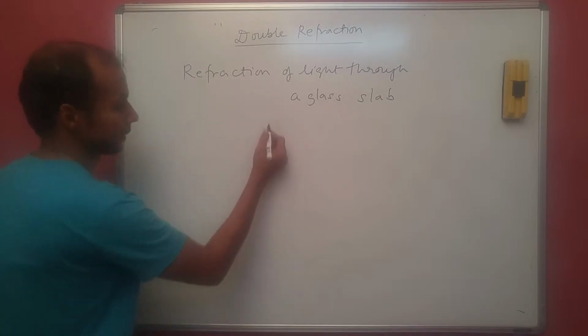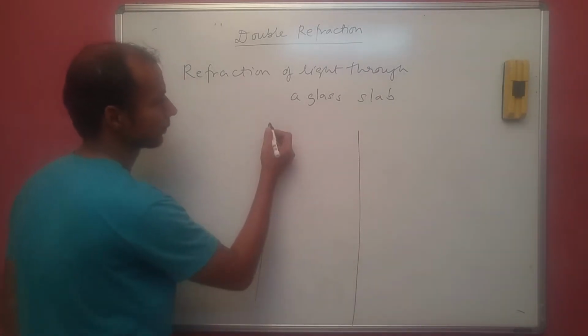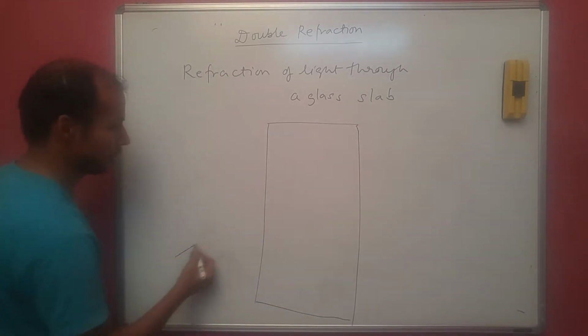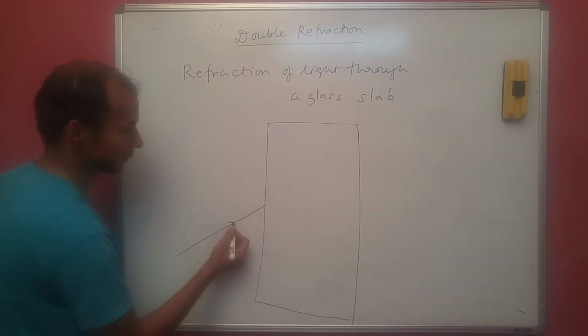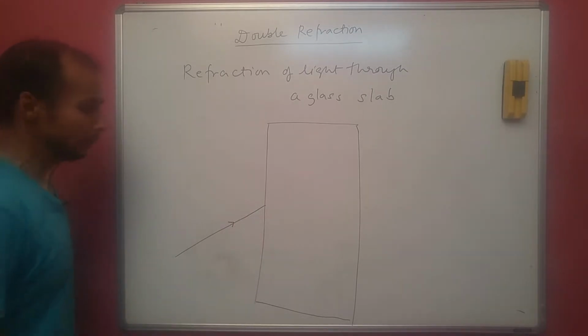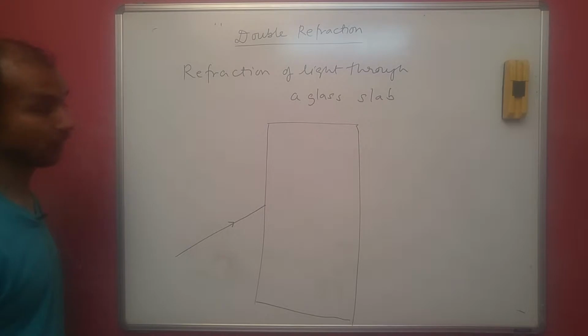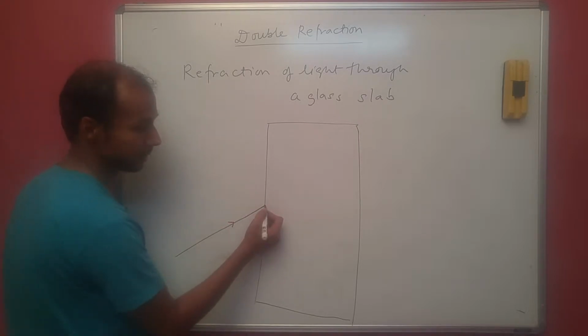Let's see how. So let's say this is a glass slab. Let's say a ray of light falls on this point. This is my point of incidence. In order to see how the ray will go, the first step is to draw the normal at the point of incidence. Normal to what?